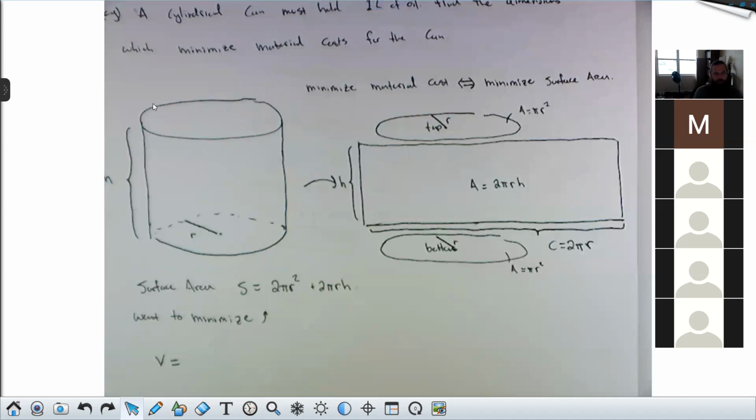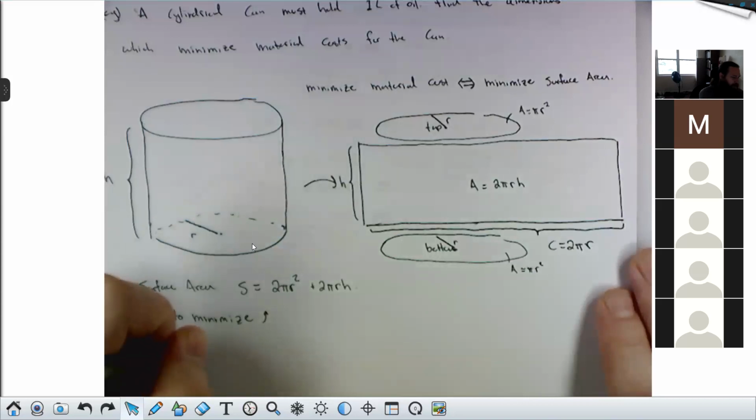Don't feel bad if you don't know this. If you have something that has a cross section that is constant in its area, you just take the area of the cross section and you multiply by the length. So this is going to be like the area of this circle times the height, which is pi r squared times the height.